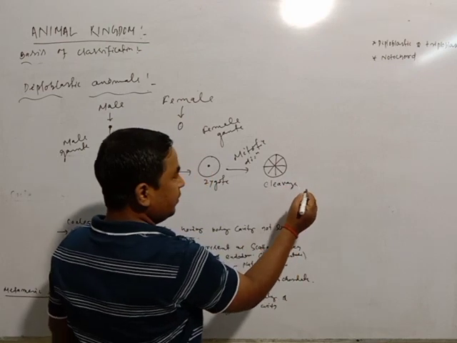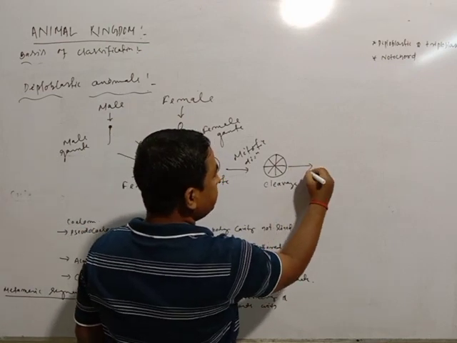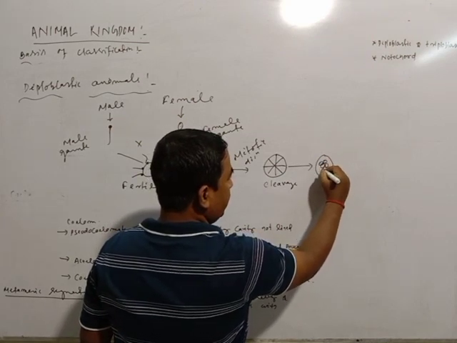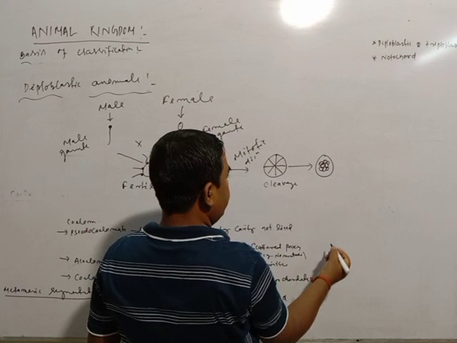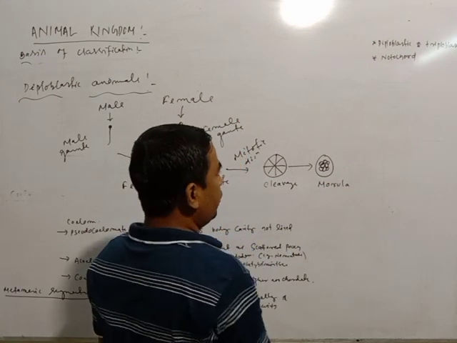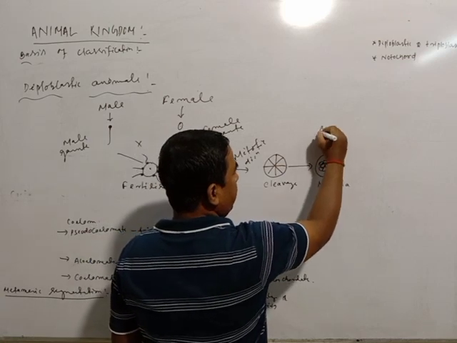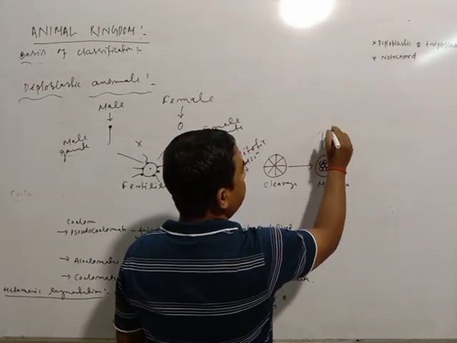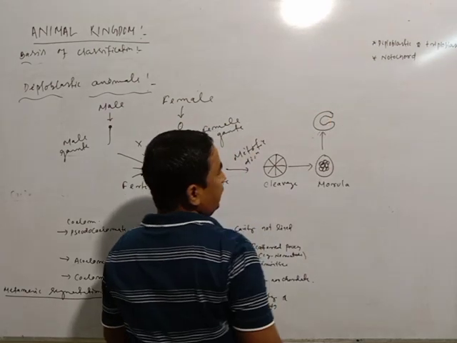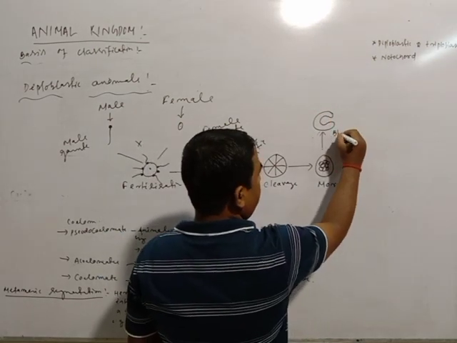This cleavage further forms a solid ball-like structure which is called morula, and this morula further develops into this structure. This is the blastula or blastocyst.